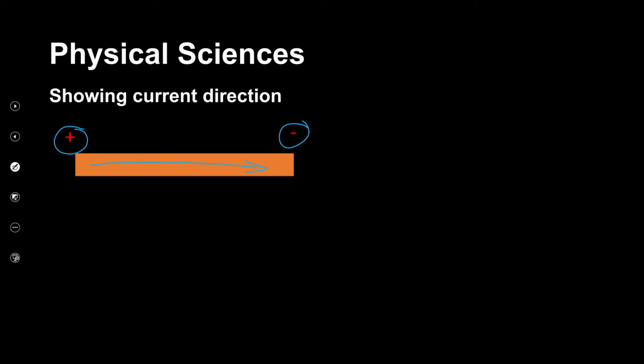So we're looking at the top of the conducting wire, and we're looking, if you like, at a longitudinal section. We recognize that along the length of the wire, the arrow indicates the direction of the current. Of course, if the terminals were the other way around, from positive to negative, we would show the arrow in the opposite direction.